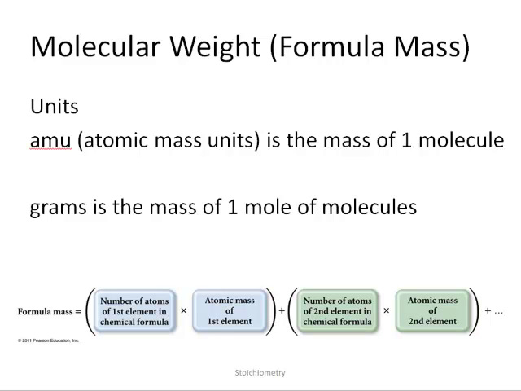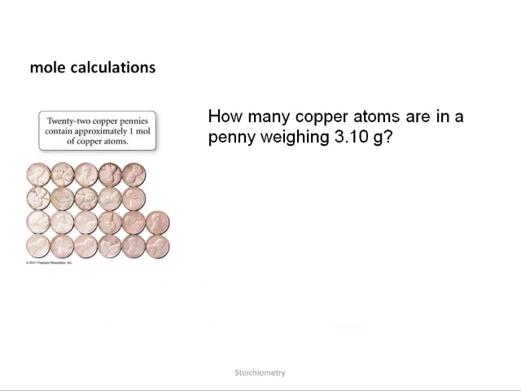All right, so actually we can also determine the number of atoms in a sample. So if we have a penny that weighs 3.10 grams, and if it's from before around 1982, before they started making pennies out of copper and nickel, we could calculate the number of atoms within a penny.